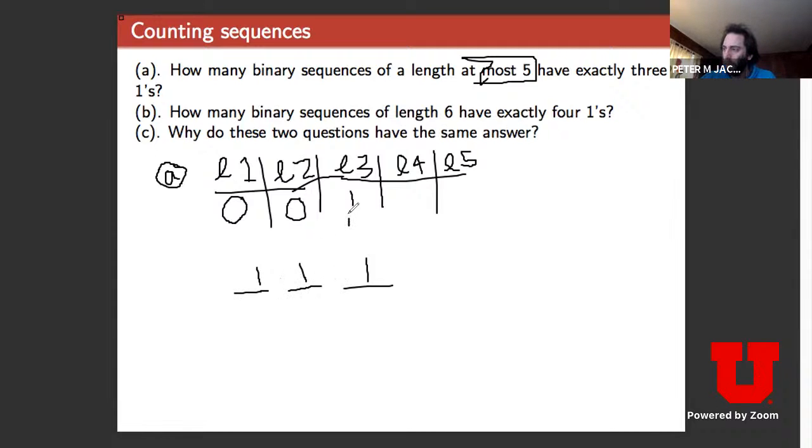So we can write 1 as 3 choose 3. We're choosing slots, and in order to have exactly 3 ones, there was only one way to do that. We had to choose all 3 slots.